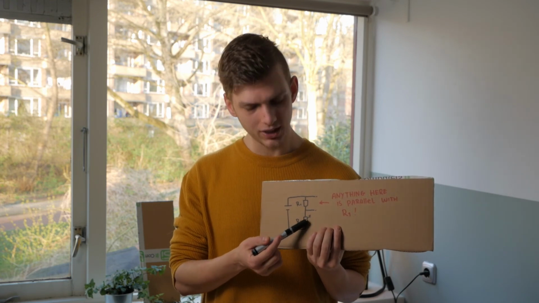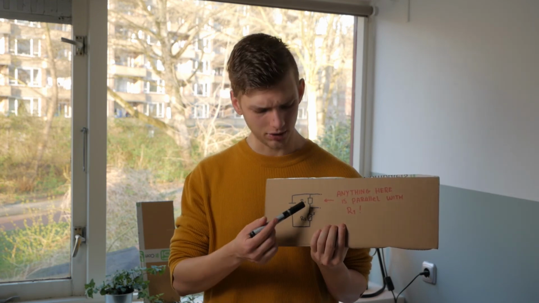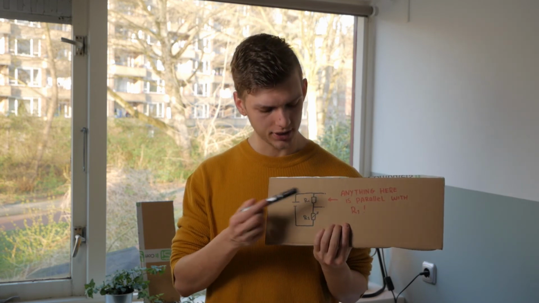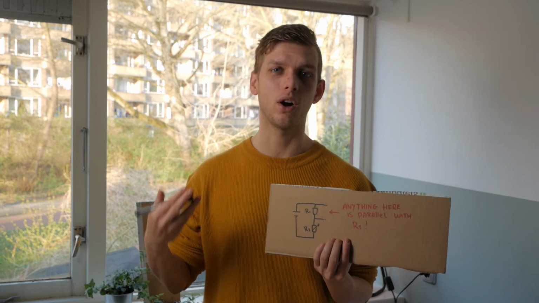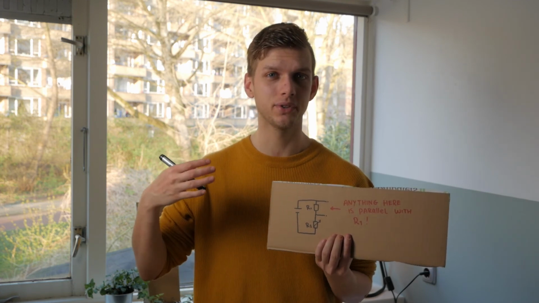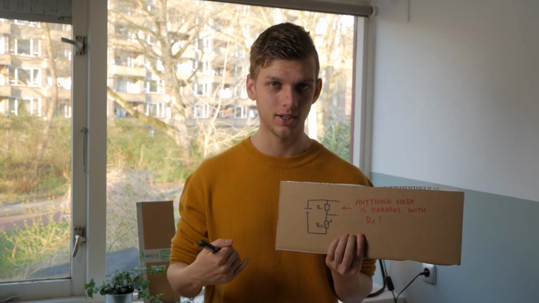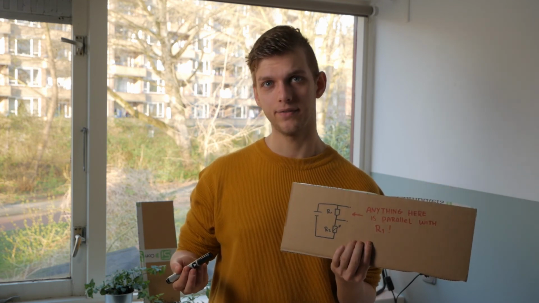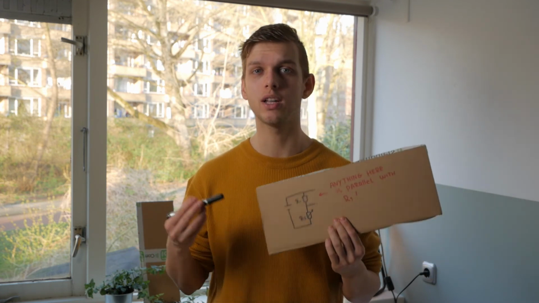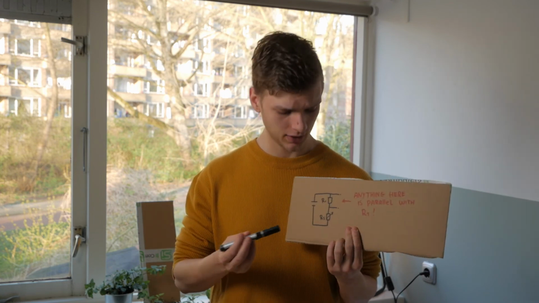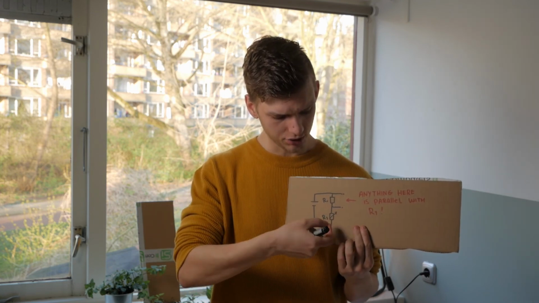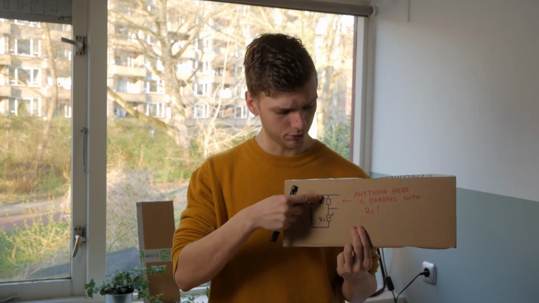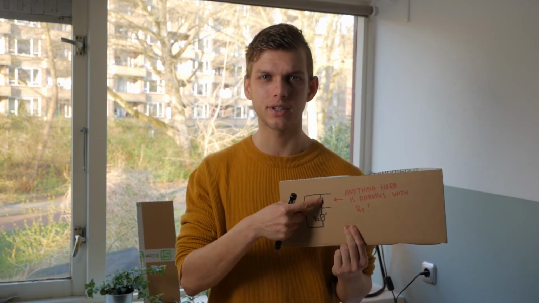So if this gets a really high resistance, all the voltage will go on this thing, so none of the voltage will go on this thing. And if we're thinking about audio signals, a high voltage means a loud signal. So with this, we can actually make a volume fader on a mixer or a light dimmer that works on voltage, because we can just turn this knob here, and that will change the voltage splitting in this little circuit.